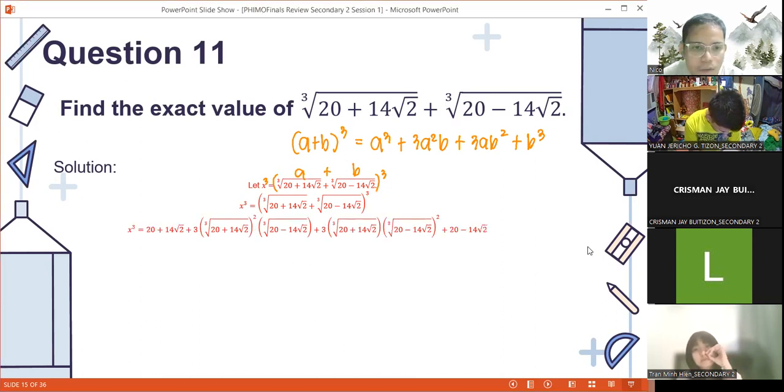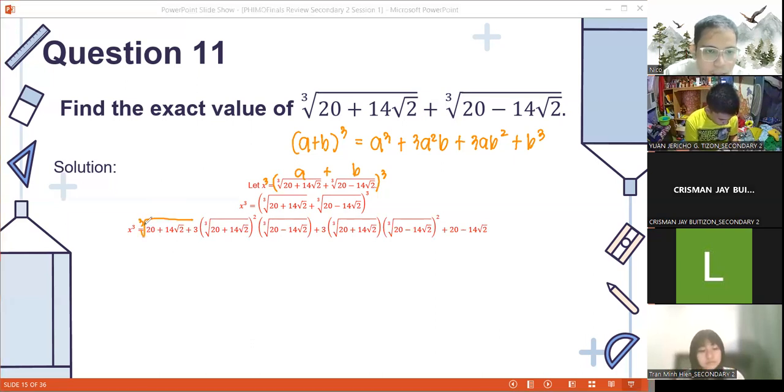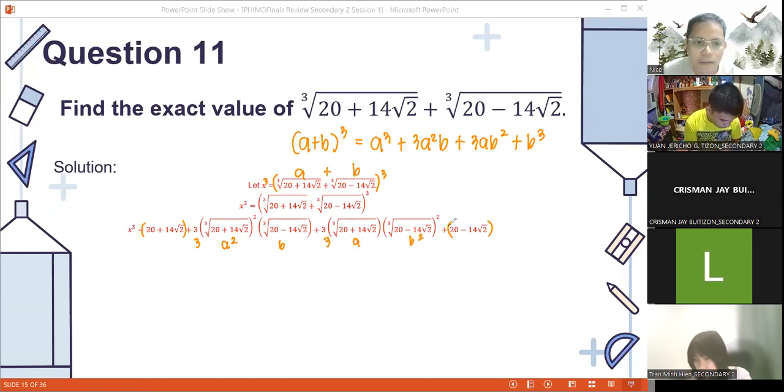So proceeding to the solution, we already have this one. See, it's a very lengthy solution. You cube this, this is a cube root, you cube it, then you remove the cube root. That's why we have parentheses here. This one is your 3 and then a squared b. This is your 3ab squared, don't forget that one.